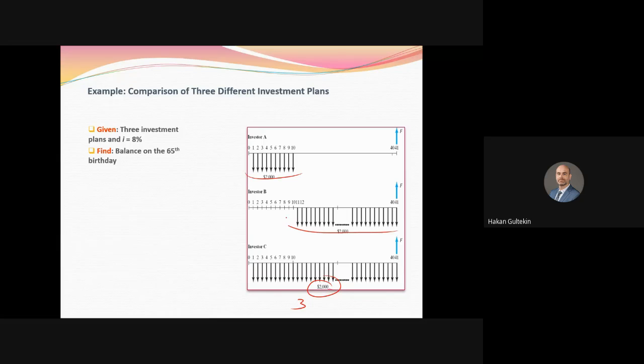So this 3 is equivalent to the summation of these two. Therefore, this 3 would be the largest. But the counterintuitive thing is, you said that the second one is larger than the first one, because here we are making 20 deposits, but here we are doing 10 deposits. That's why you said that 2 would be larger than 1.